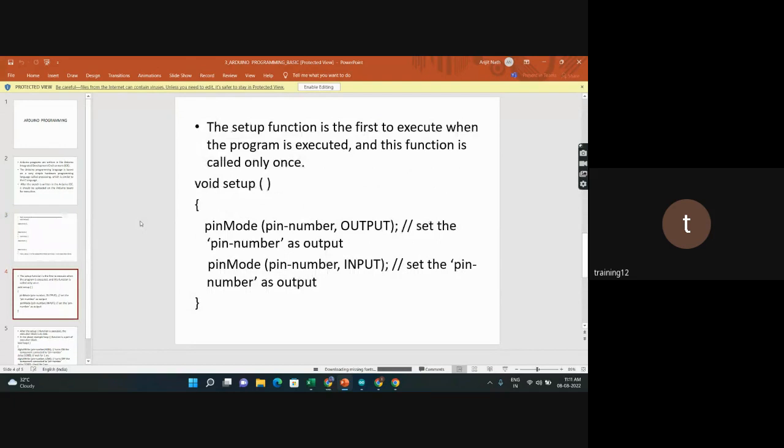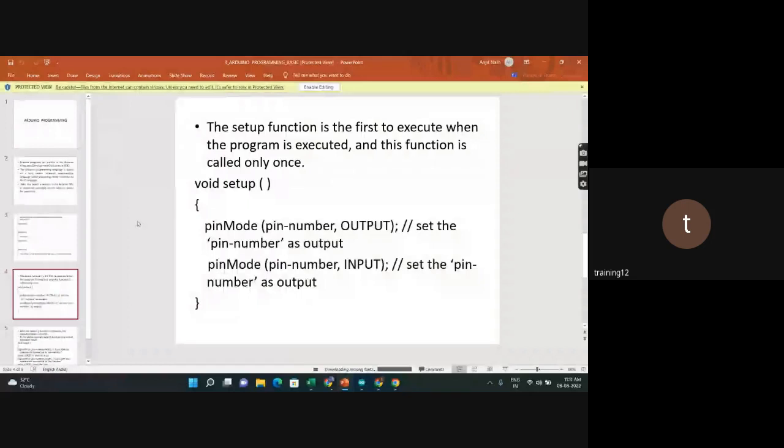The setup function is the first to execute when the program is executed, and the function is called only once. The setup function is used to initialize the pin mode, that is, to which pin you connected with the Arduino, and to start the serial communication.